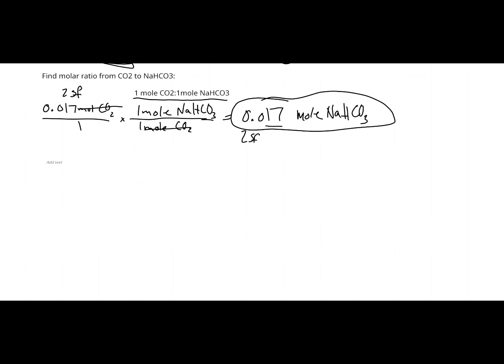Sodium is 22.99 AMU. And then we have hydrogen, which is just one of them, 1.01 AMU. And then we have 1 carbon, which is 12.01 AMU. And then we have 3 oxygens.